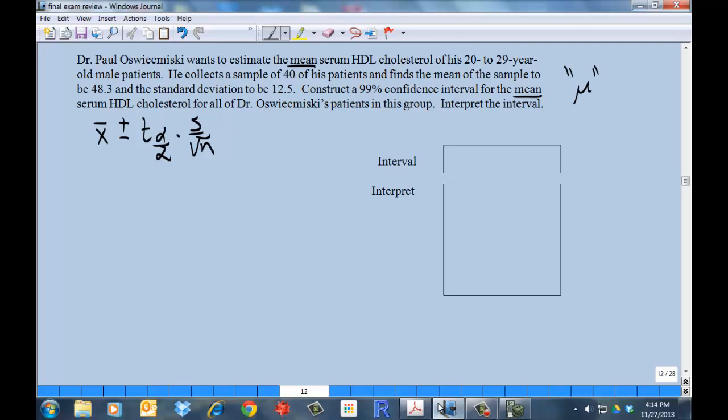He collects a sample of size 40, so 40 is little n, the sample size, and finds the mean of the sample to be 48.3. That is x bar, and that's what the calculator is asking us for. And the sample standard deviation is 12.5, and that's s.